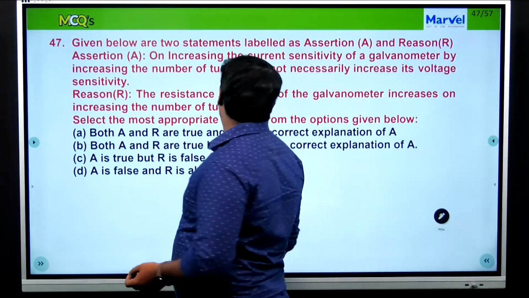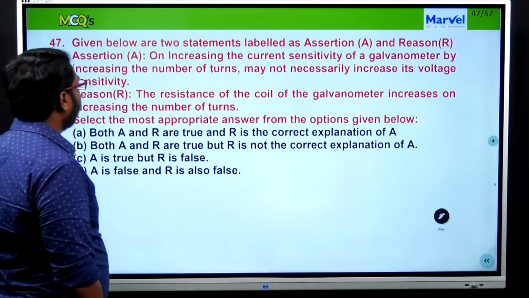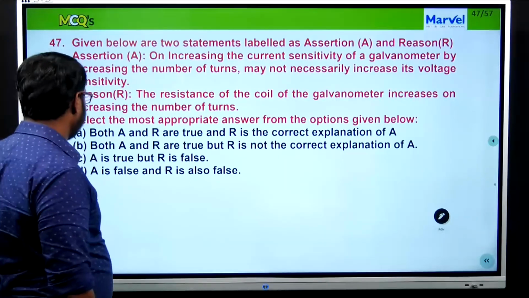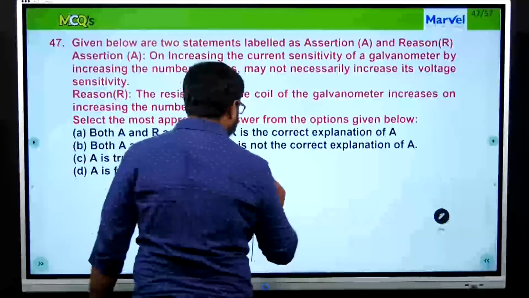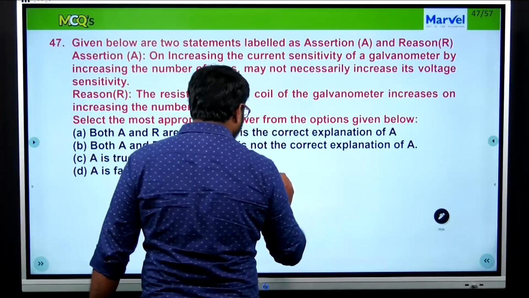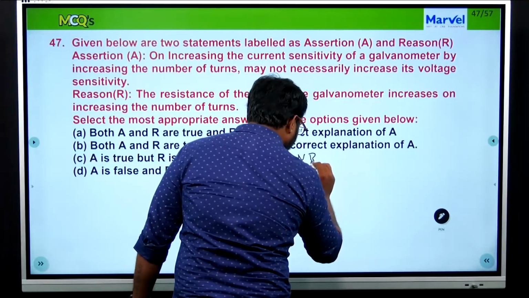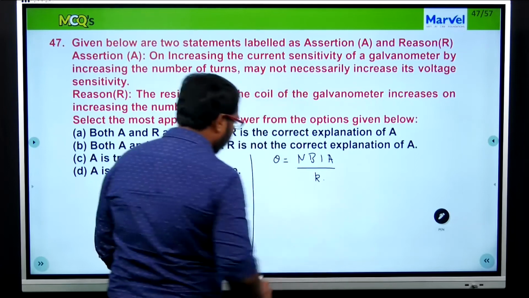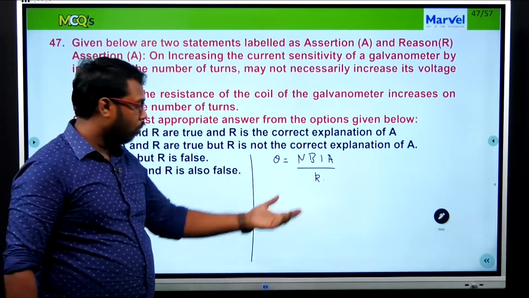On increasing the current sensitivity of a galvanometer by increasing the number of turns, may not increase the voltage sensitivity. That is true. Yes, I will prove. See, what did I say? Theta is equal to NBIA by K. I think we did the same problem a few moments ago.